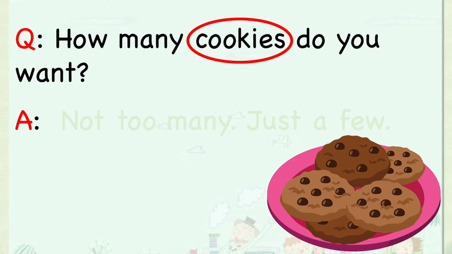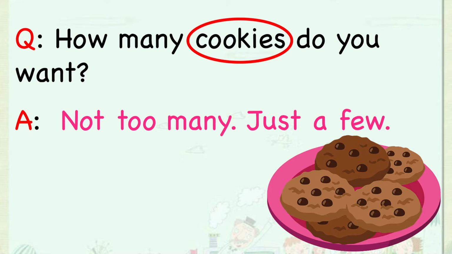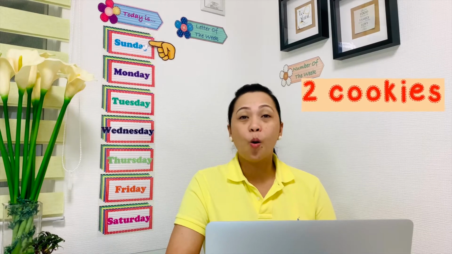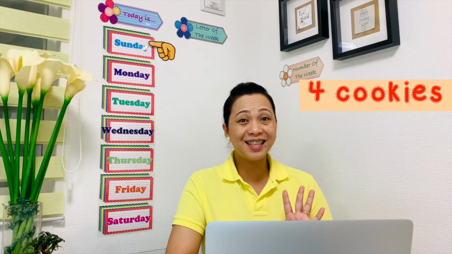How many cookies do you want? And to answer that, you can say, not too many, just a few. Or you can also use numbers by saying 2 cookies or 4 cookies.